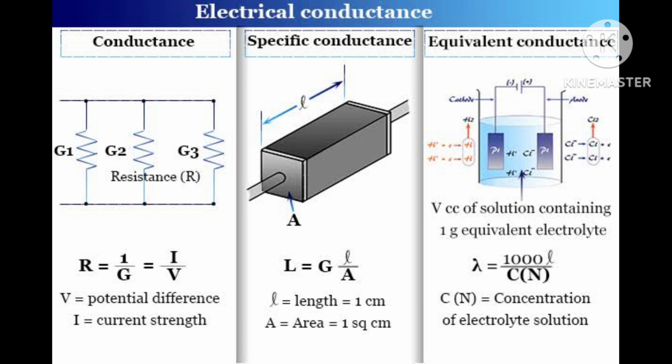For example, water gives H and OH ions. The H ion has a positive charge and the OH ion a negative charge. If you add salt, its ions also have negative and positive charges, and they will be attracted oppositely, negative to positive and positive to negative. That's why it depends upon the nature of the solvent.